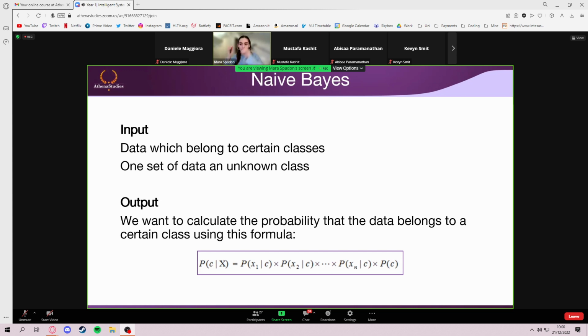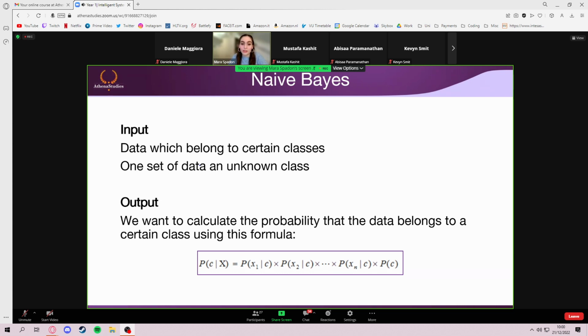The input here is data which belong to certain classes, and you want one set of data with an unknown class. The output we want is to calculate the probability that the data belongs to a certain class using the naive Bayes formula.